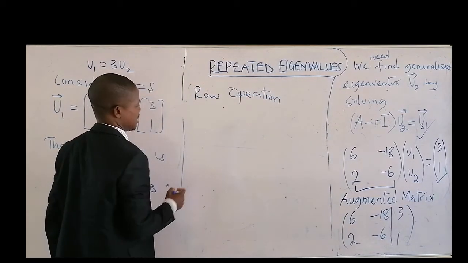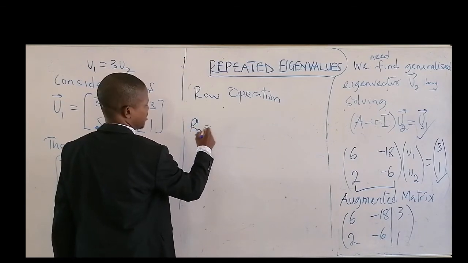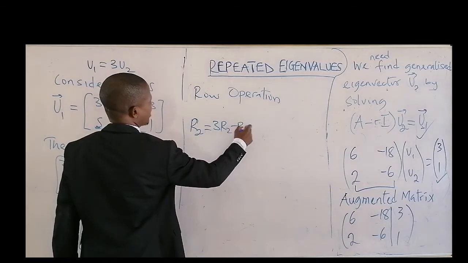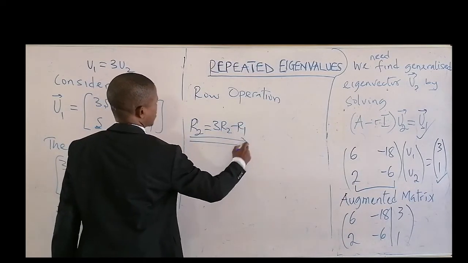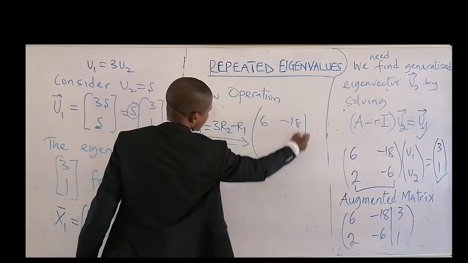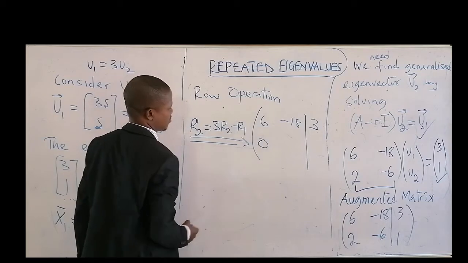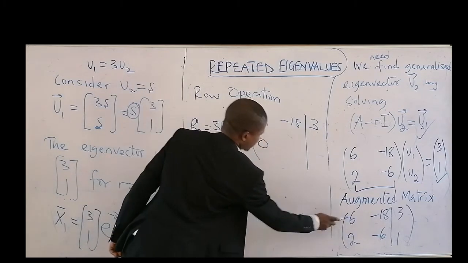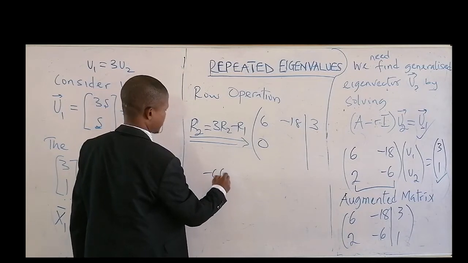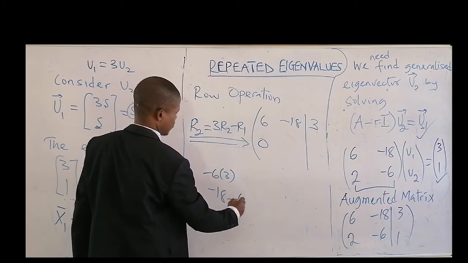So we have row 2 is equal to 3 row 2 minus row 1, and that will be equal to 6, minus 18. Okay, so this will be 0, then 2 times 3 minus 6, and this will be minus 6 times 3, that's minus 18, then minus 18.